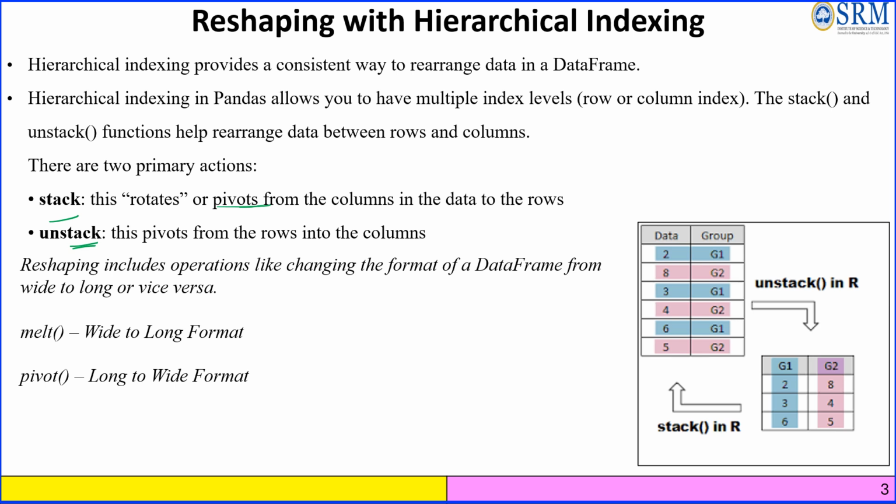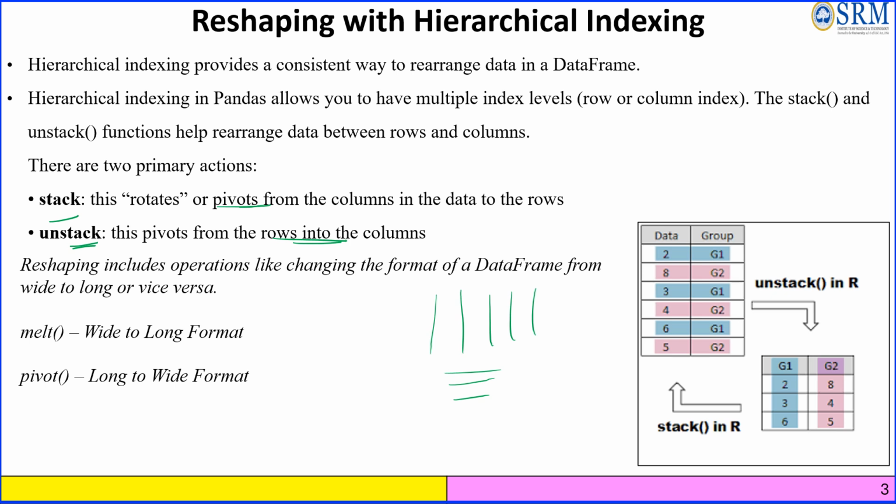So if you are increasing the rows, then that is called stacking. Okay, but if you are reducing the rows but increasing the columns, that is unstacking. So unstacking means this pivots from the rows to columns, and stacking is columns to rows. Okay, these columns are converted into rows. So this is called stacking.